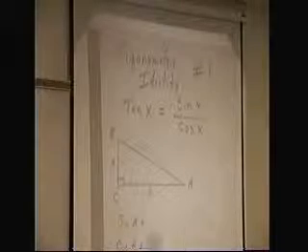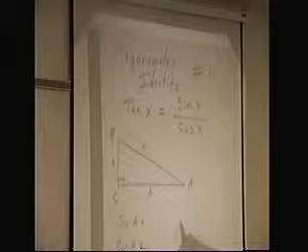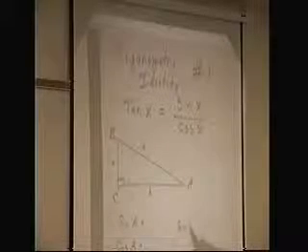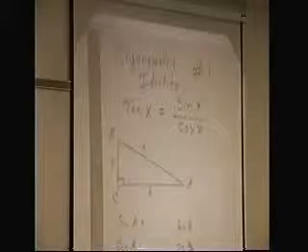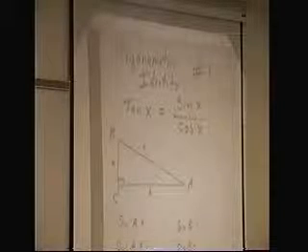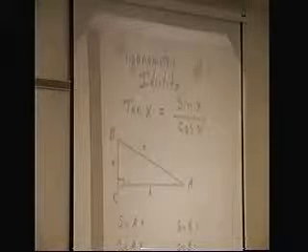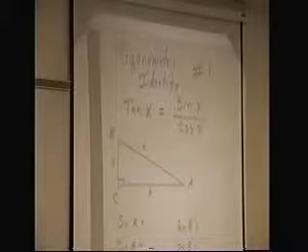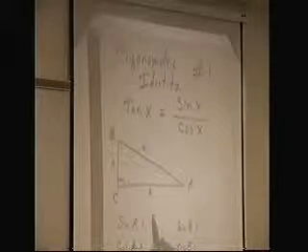You actually have to write the answer as well. Write the sine, cosine, and tangent of B as well. Sine of A? A over C. Cosine of A? B over C. And the tangent of A? A over B.